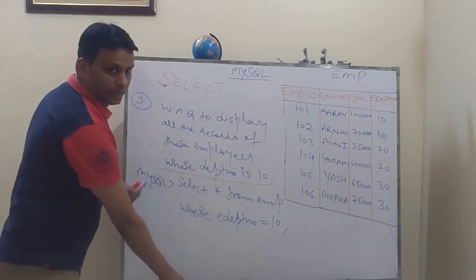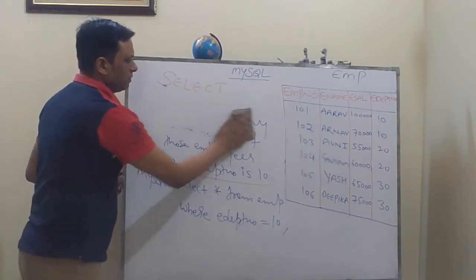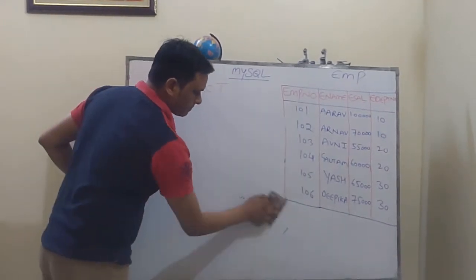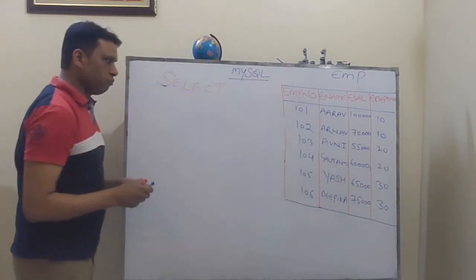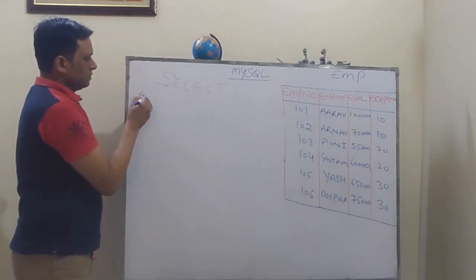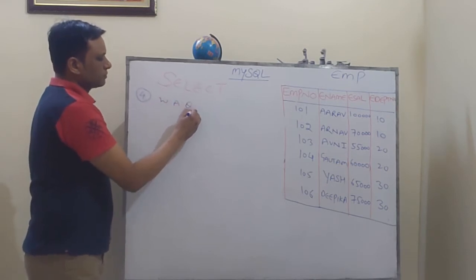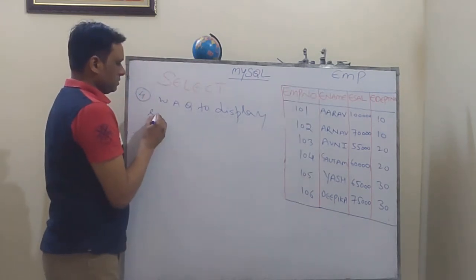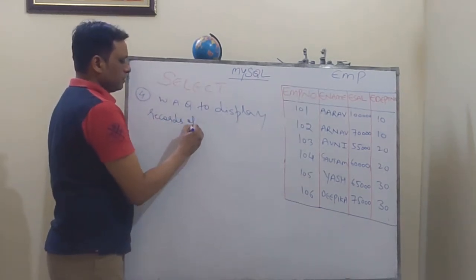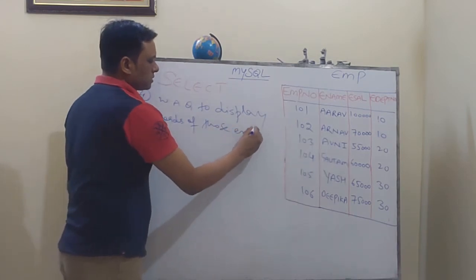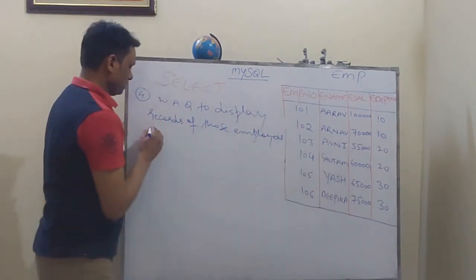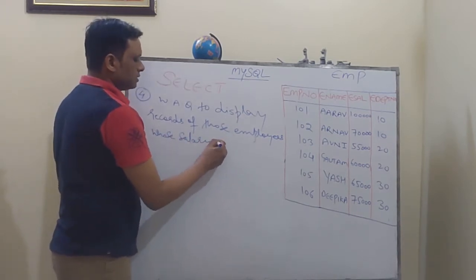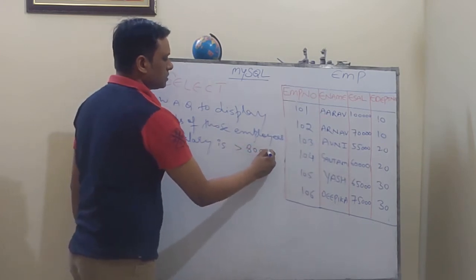Now another example for it. Query number 4 in this section: write a query to display records of those employees whose salary is greater than 80,000.